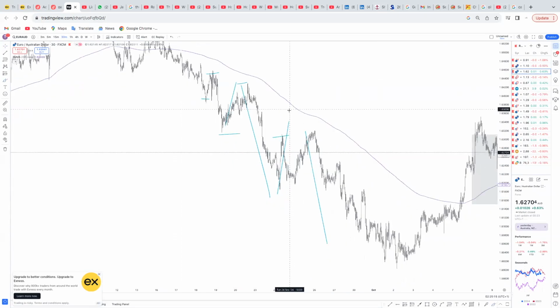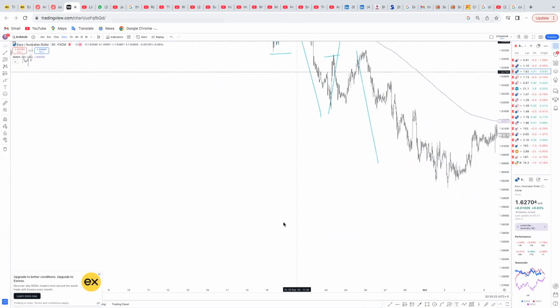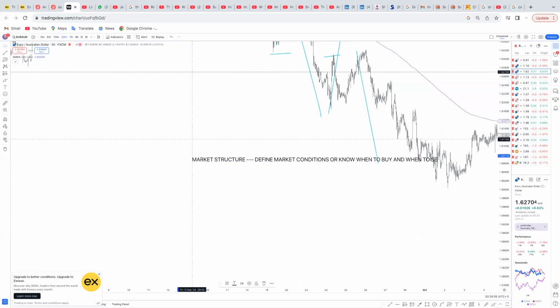Right, so let's go for a quick recap. We just finished market structure, and we said that market structure is used to define market conditions, or to know when to buy and when to sell, right?